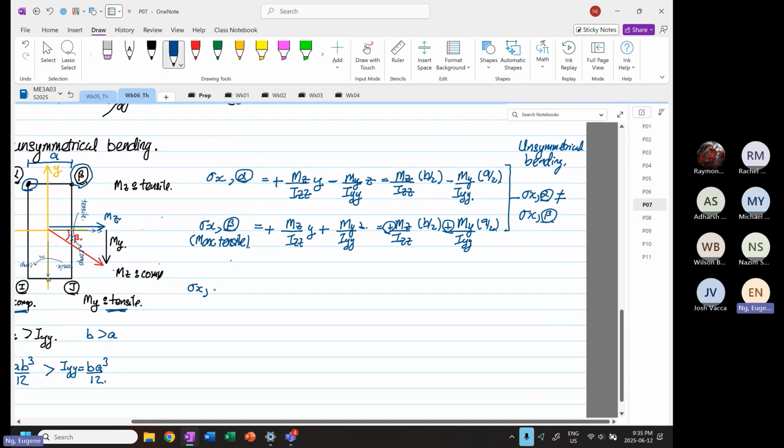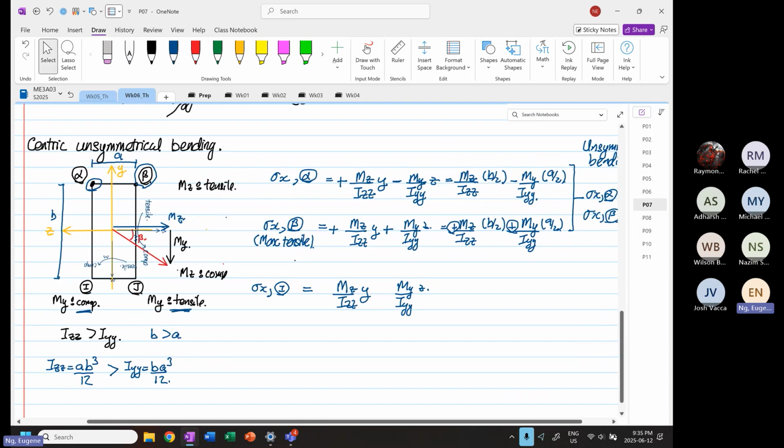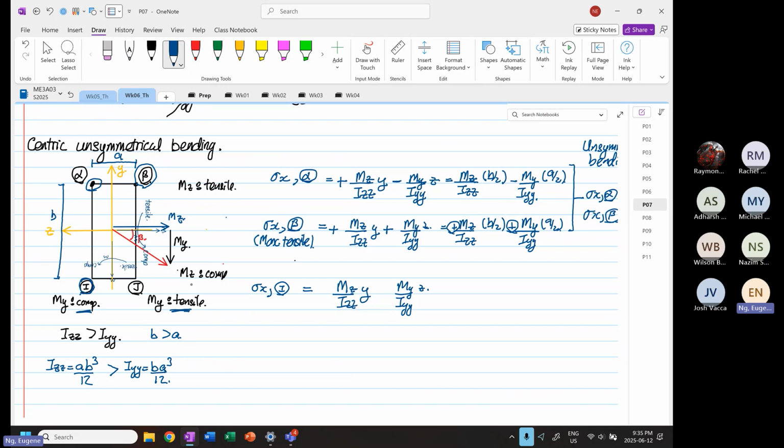at point I. Right? So this is also equal to Mz over Izz multiplied by y and My over Iyy multiplied by z. Okay, so if we look at point I, focus on Mz. So Mz, I did write Mz, is going to be what? Compression, negative. Right? My for point I is also going to be what?